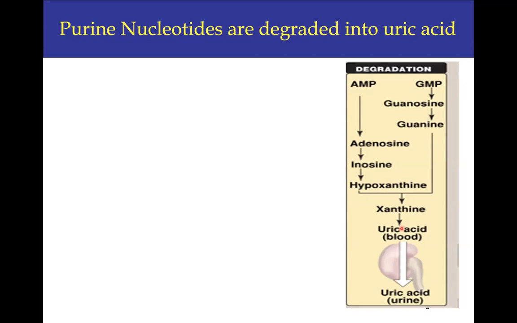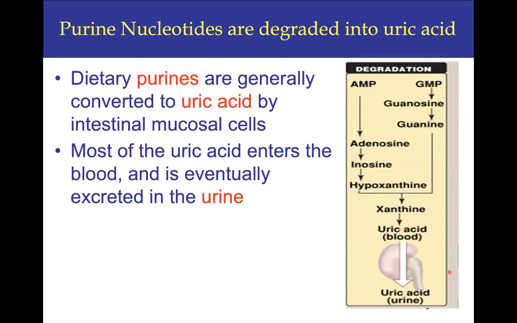Right. So we know the end product of purine degradation is uric acid. But what actually happens to that? Most of the uric acid enters the blood and is eventually excreted in the urine, as with all other degradation products. So all cells, when they undergo destruction, produce urea or uric acid.